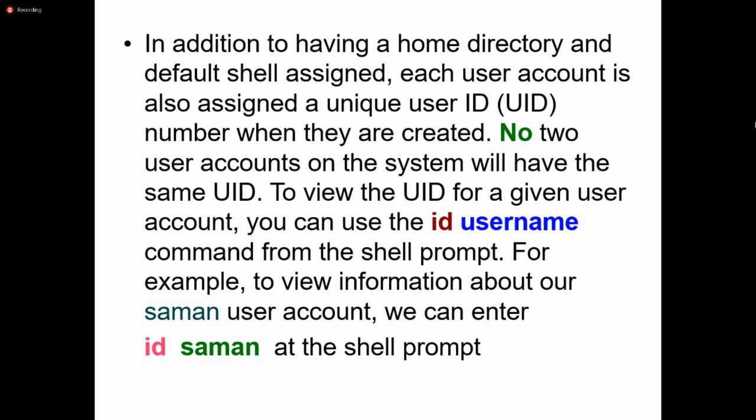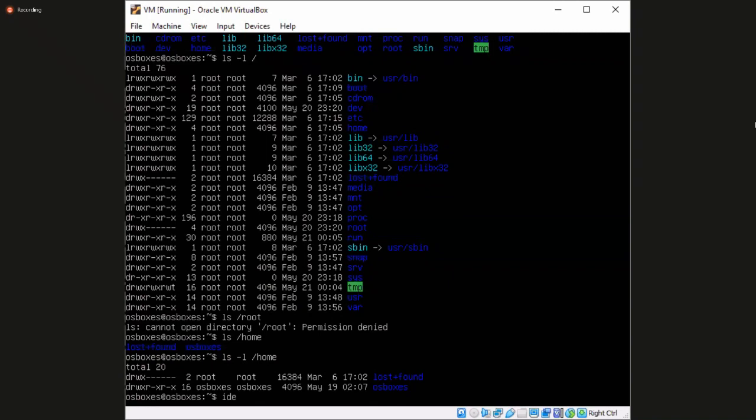With the user ID for a given user account, you can use the id command followed by the username from the shell prompt to get information about that user account. Okay, so let's try this. I give this with my username.